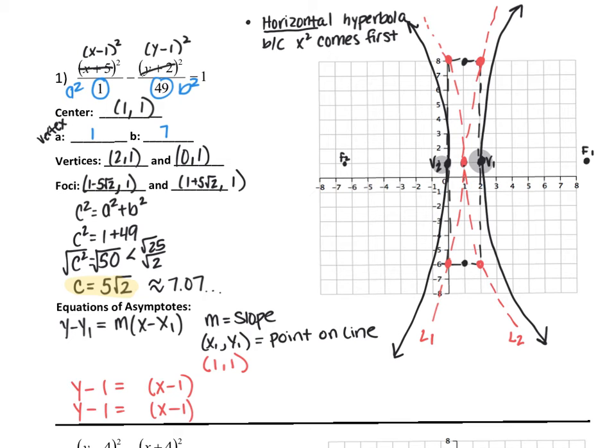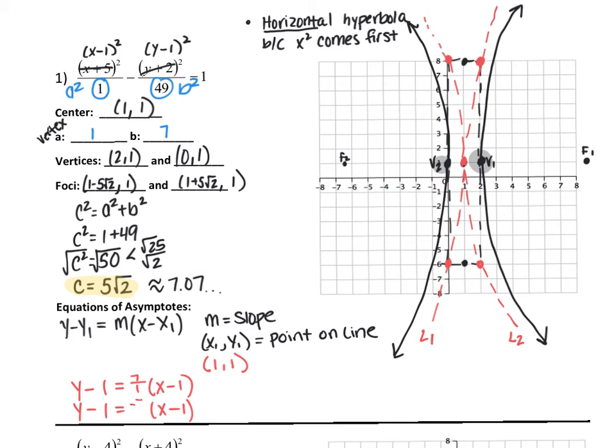So take a look. Slope is rise over run. If you start at the center, how many are you going up? 7. How many are you running? 1. So positive 7, right 1, is a slope of 7, or 7 over 1 if you want to leave it like that. How about this line going negatively? We're going down 7, right 1.